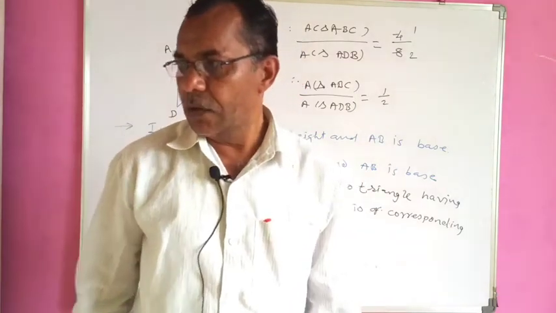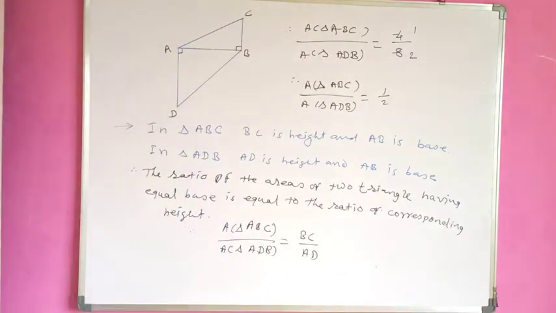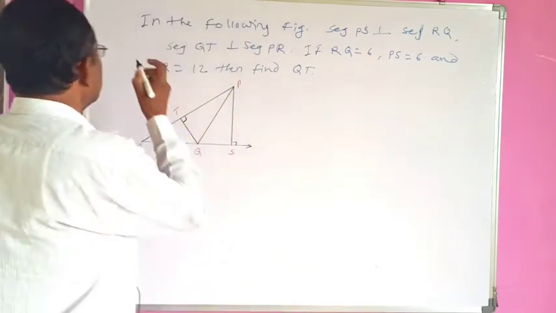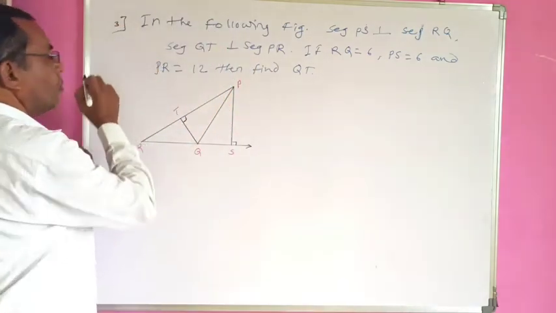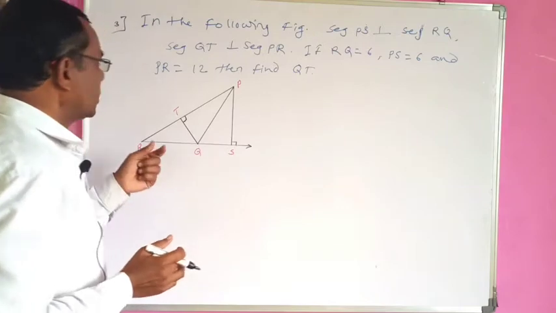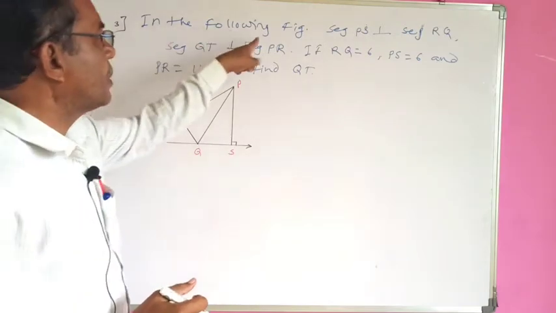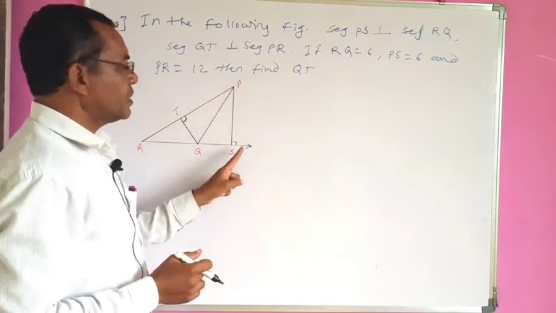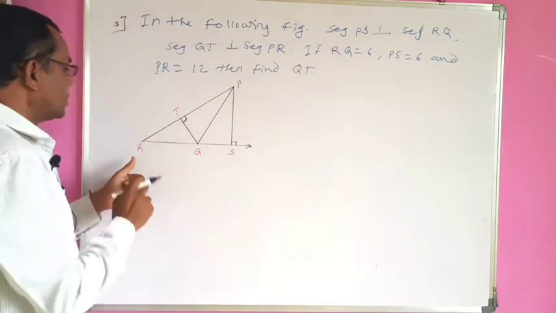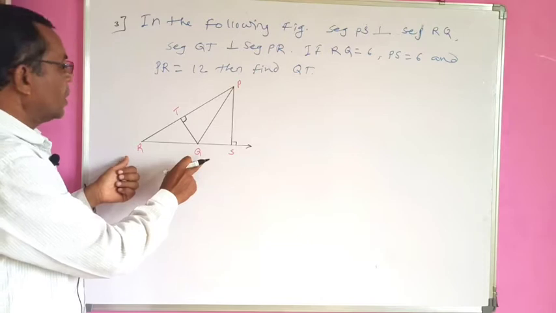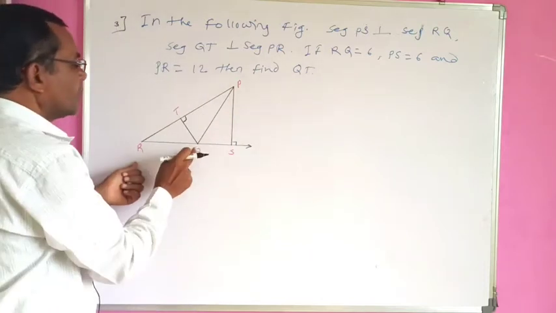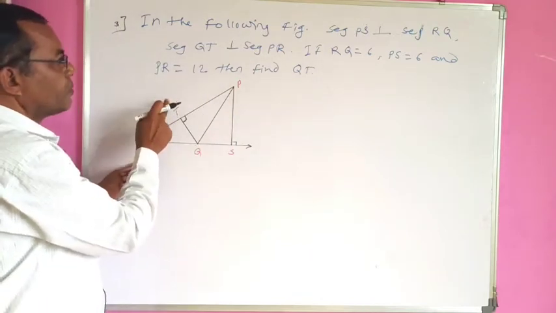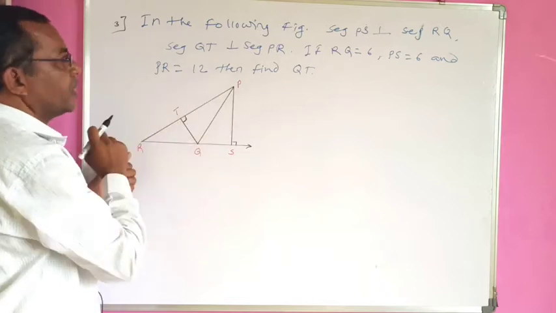Okay, boys. Now we will take example number 3. In this example, the figure is given, and in the figure segment PS is perpendicular to segment RQ. Now see here, segment QT is perpendicular to segment PR.